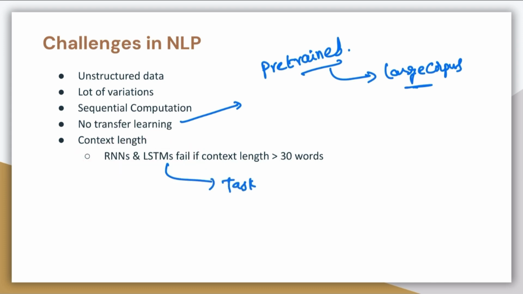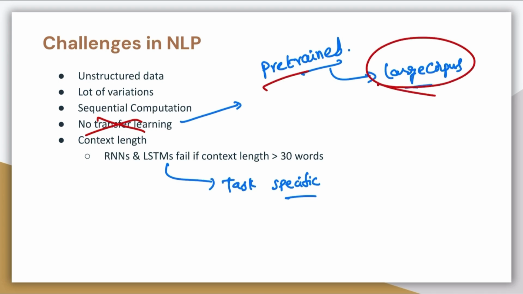Let's say for sentiment analysis, there will be a separate model trained from scratch. Similarly, for another use case, there will be a model trained from scratch. There is no transfer learning concept before transformers because there are no pre-trained models. There is no point in training with a large corpus and keeping the weights. It could never understand the whole context.